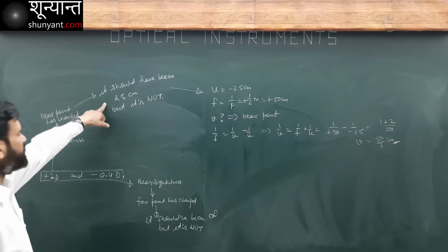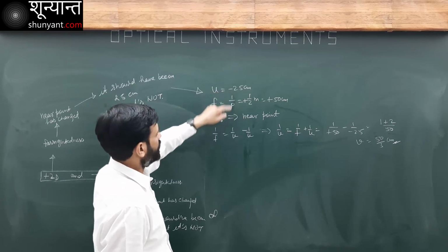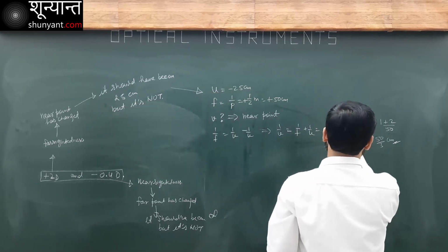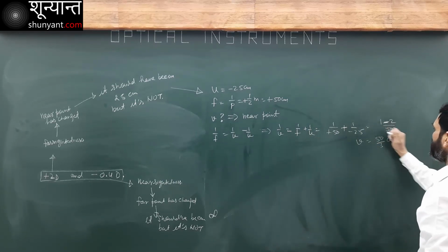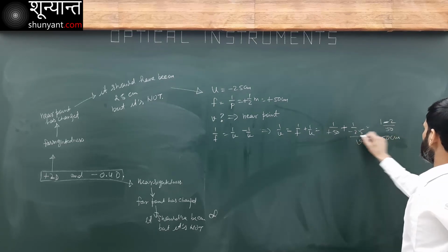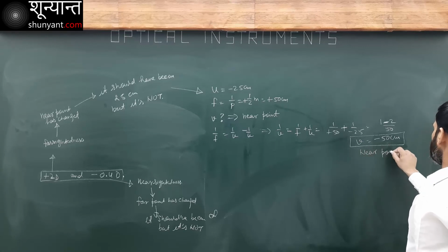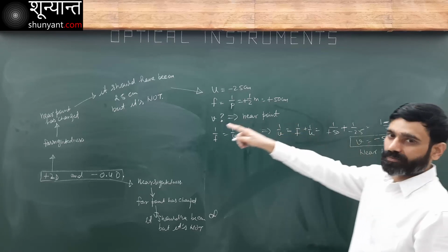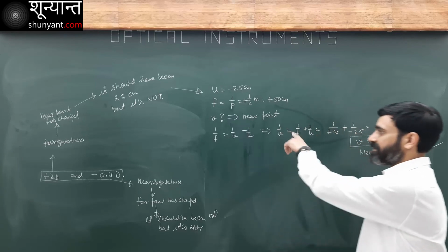The object is kept here at 25 centimeter. No, this is a plus here. It should be plus here, so this will become minus. So v is minus 50 centimeter. So this is my near point. Near point is 50 centimeter. It should have been 25, but it is actually 50. To correct that, I am using this lens.